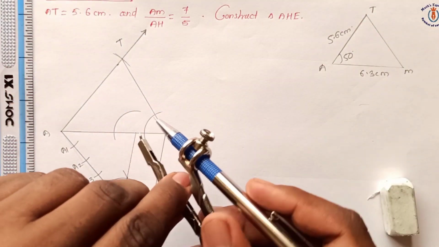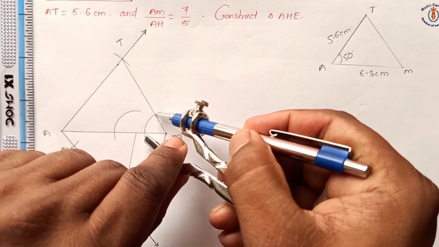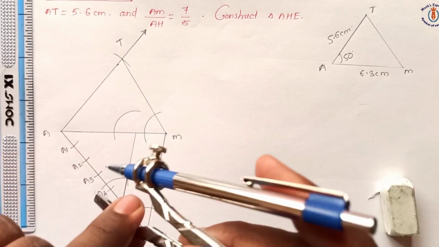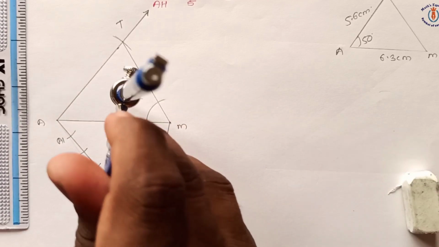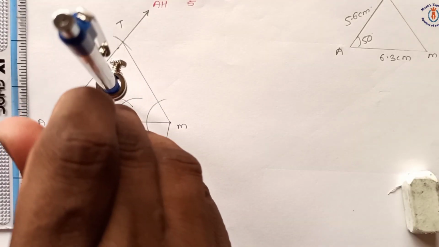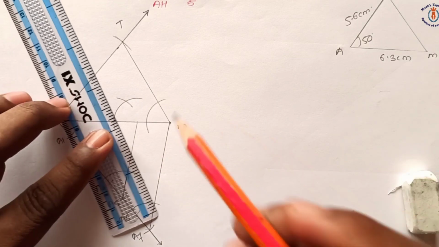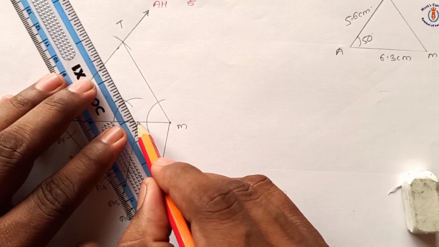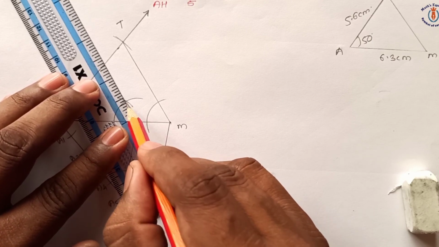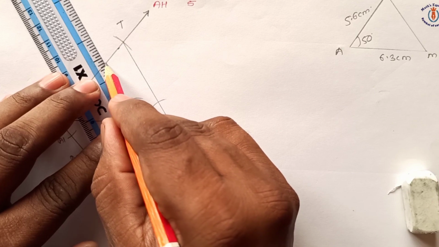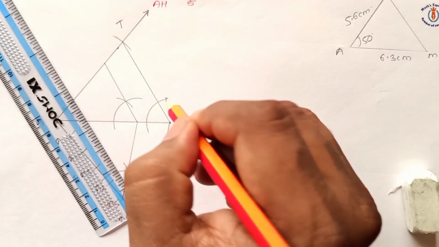Now take the distance between 2 points of intersection of the first one. Okay, look at this. Hold this compass on this first point of intersection and intersect the second arc like this. Okay, so let's join this point here to that point of intersection and extend up to here. So this is the another parallel line for this one.